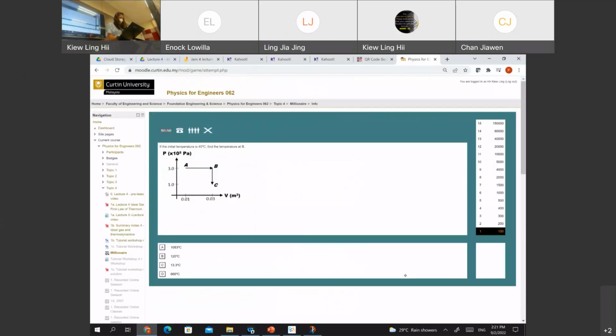On top here, there are the phone, the people, and the cross sign. This one can help you to eliminate the possible wrong answers. But sometimes when you ask the opinion from people, sometimes it will give you the correct answer, but sometimes not. So you have to make your justification on your own. So a total of 150,000 if you can answer 15 questions correct in a row.